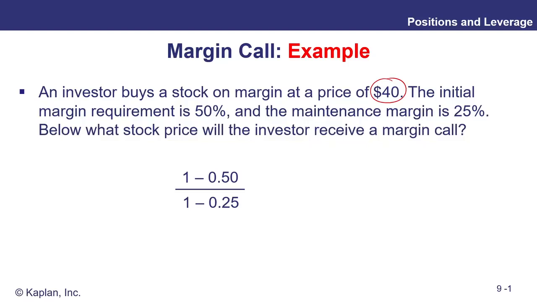So what's your trigger price? Well, let's work it out here. It's 1 minus the initial margin up here, so 1 minus 50%, over 1 minus the maintenance margin on the bottom, all multiplied by the initial price of $40, and that tells us that our trigger price for a margin call is $26.67. At that point, our equity stake will have fallen to the maintenance margin of 25%, and we're going to need to make a top up.